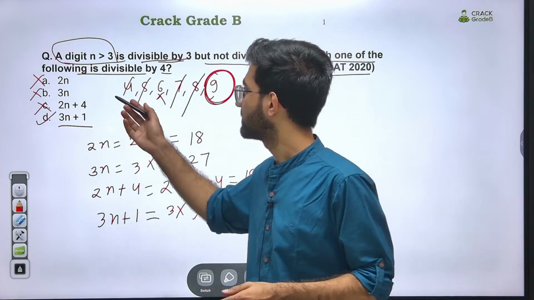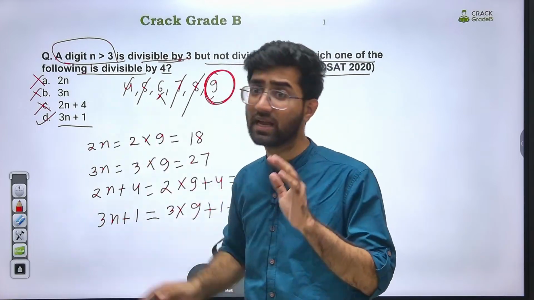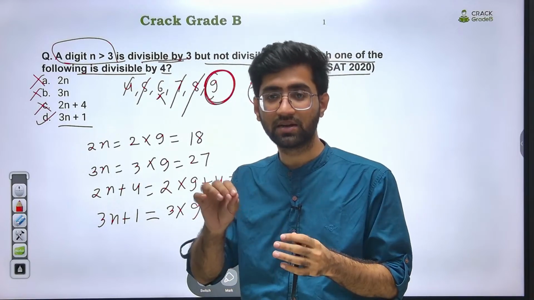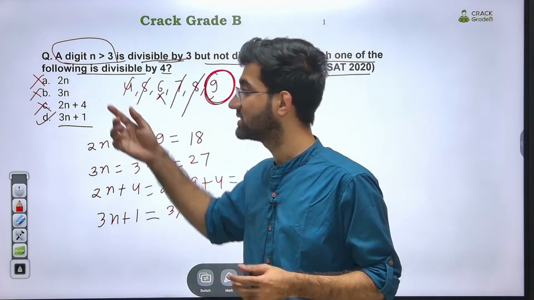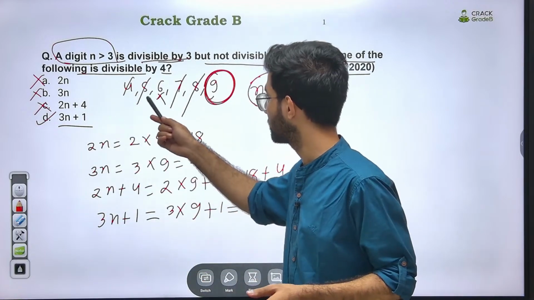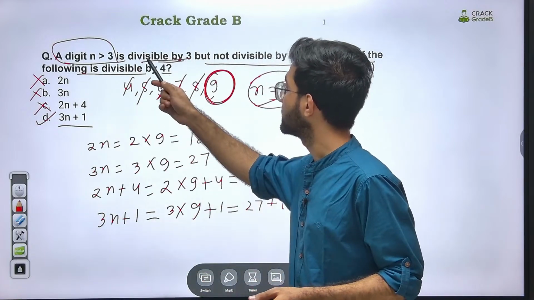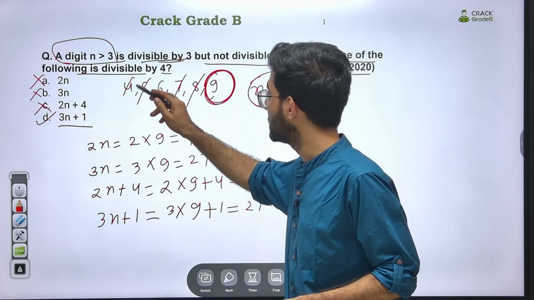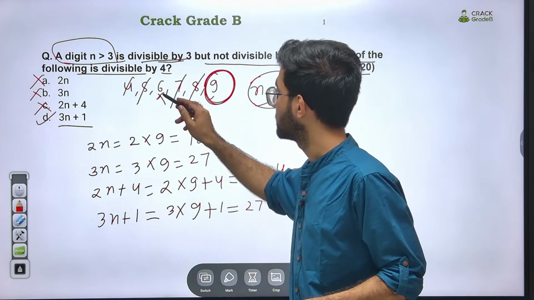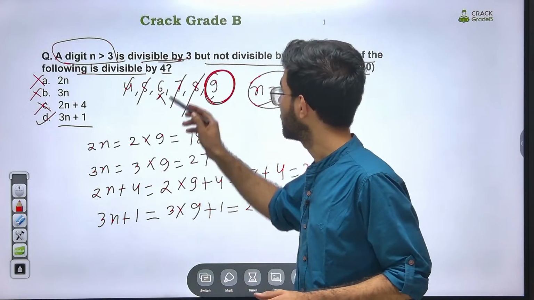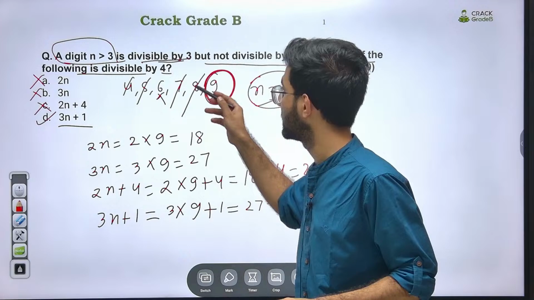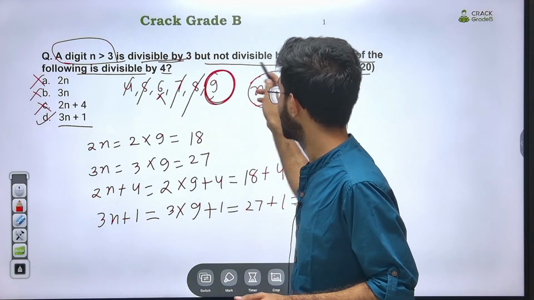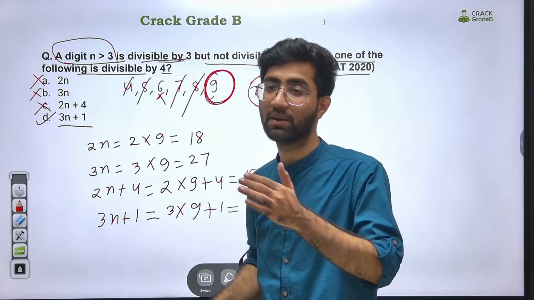So what was the clue in the question? A digit n greater than 3 means the possible values are 4, 5, 6, 7, 8 and 9, and that n is divisible by 3. So we eliminated 4, 5, 7, 8. We had only 6 and 9. But if we read further, we found that the digit is not divisible by 6, so we will have to eliminate 6.